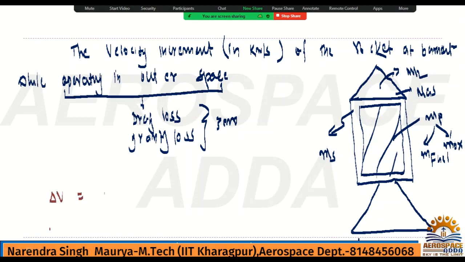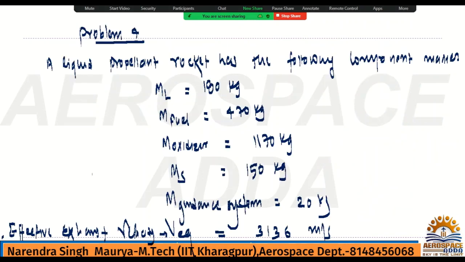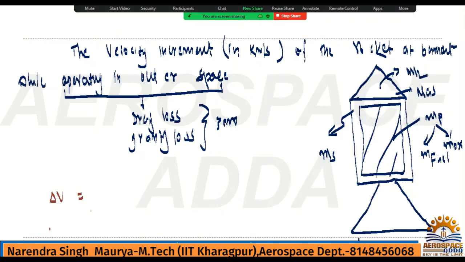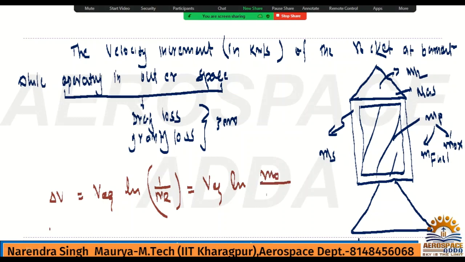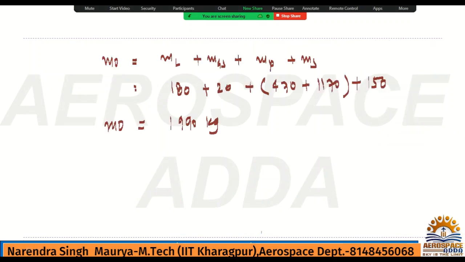Delta v, the effective velocity they have given, so we need to write this formula: effective exhaust velocity into ln 1 upon mr, or you can say effective exhaust velocity ln initial mass divided by final mass, and final mass is nothing but m naught minus mp.